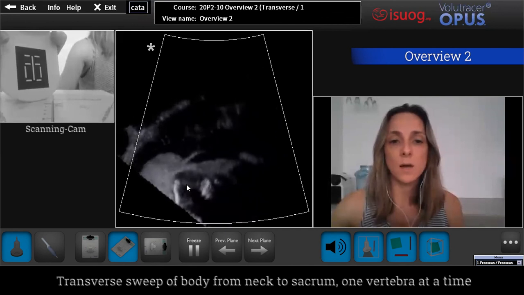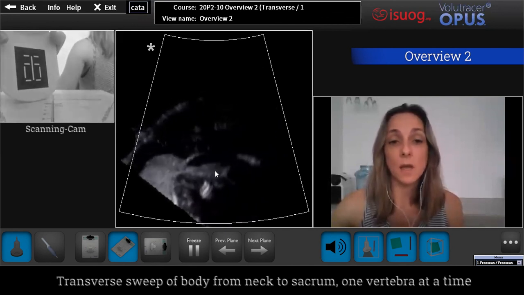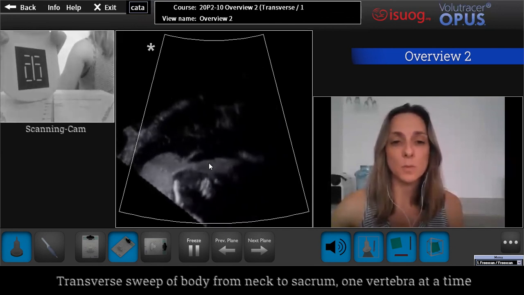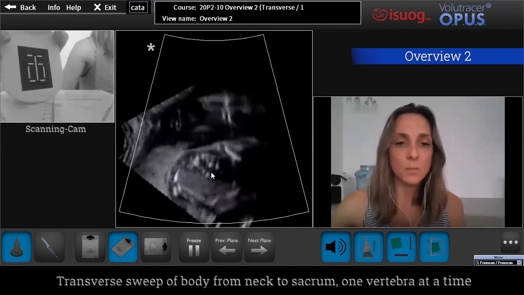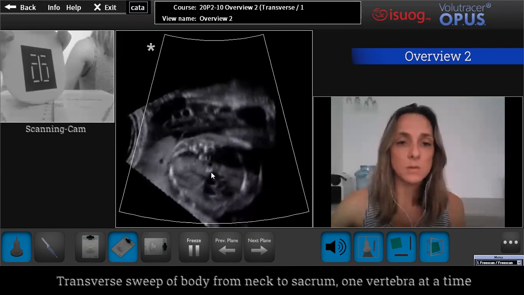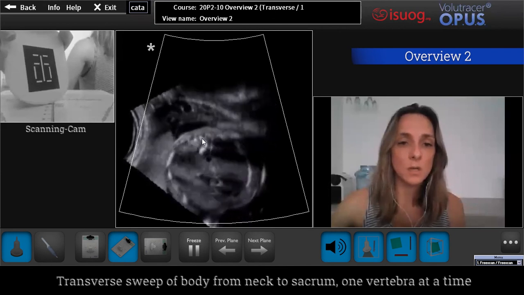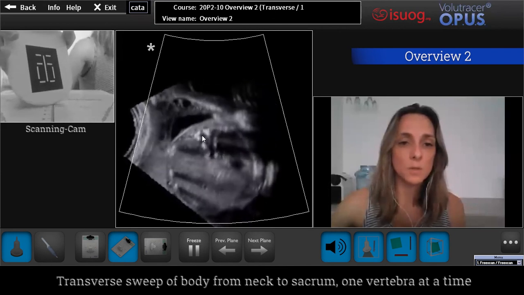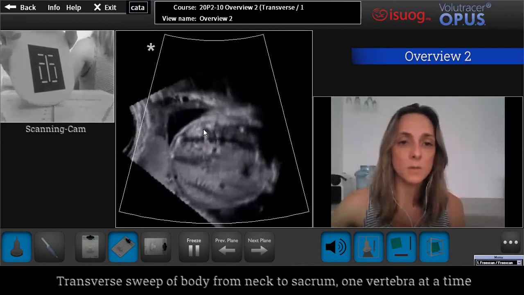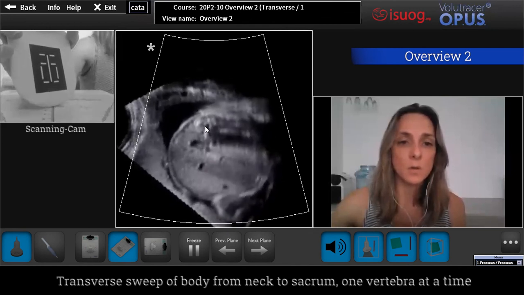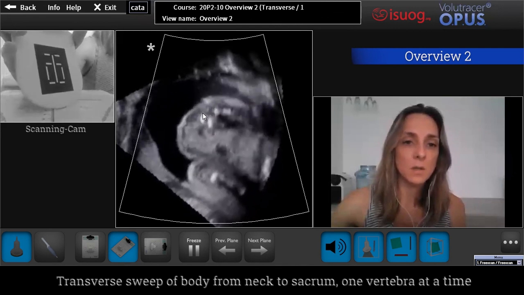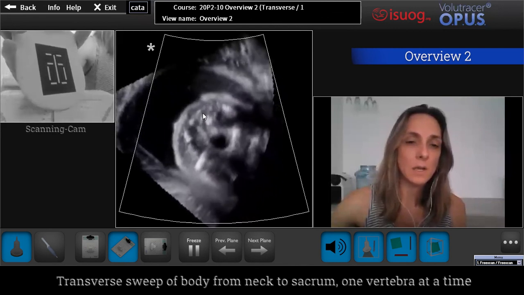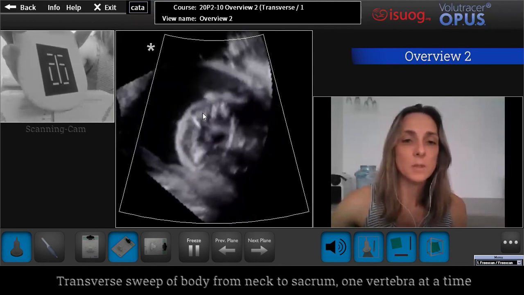You can rule out cystic hygroma, for example, that would be very obvious here. And you start sweeping upwards towards the sacrum, and you check each one of the vertebrae. Here you can see the bodies of the vertebrae one by one, and you end up here at the level of the sacrum. So that would be the second sweep.